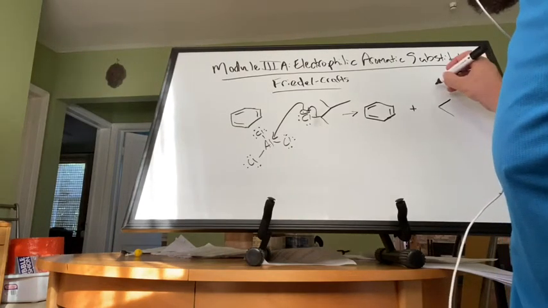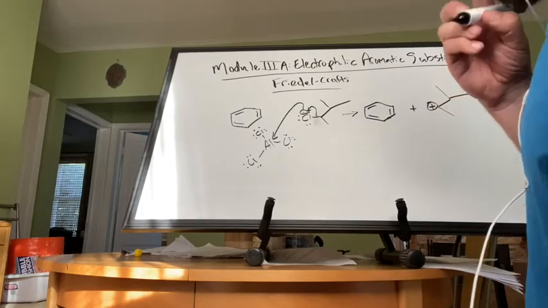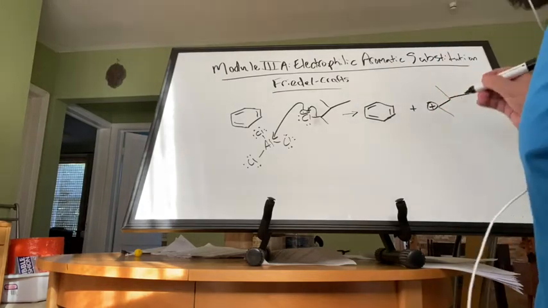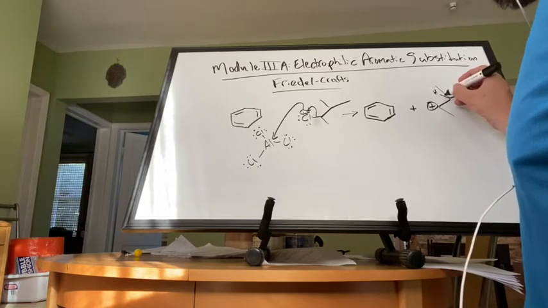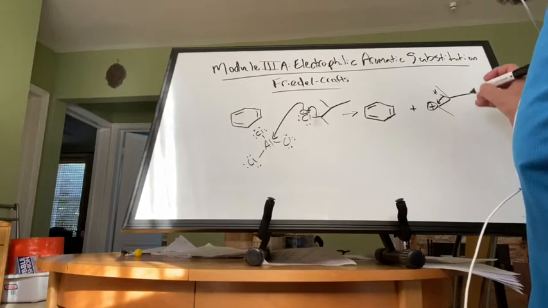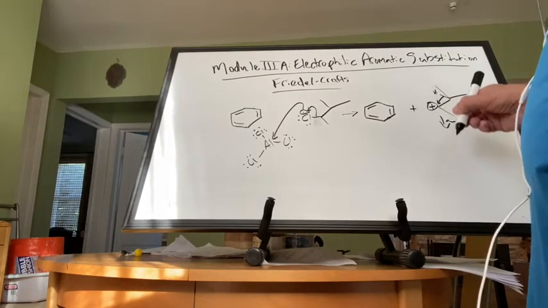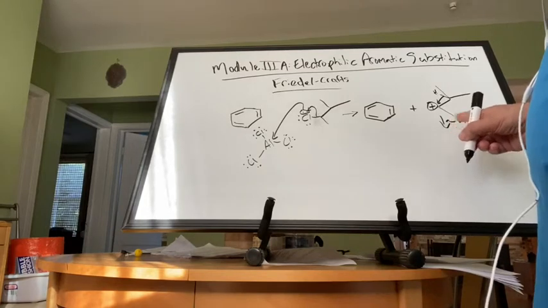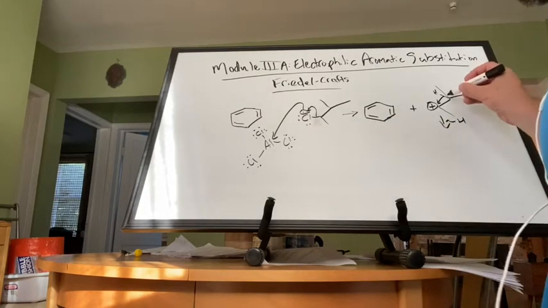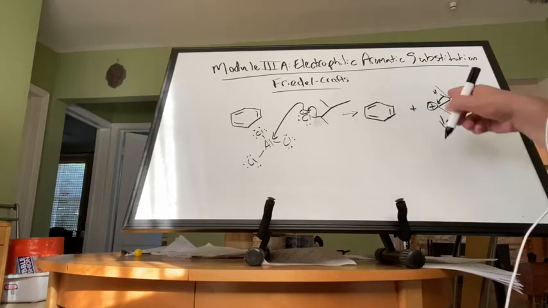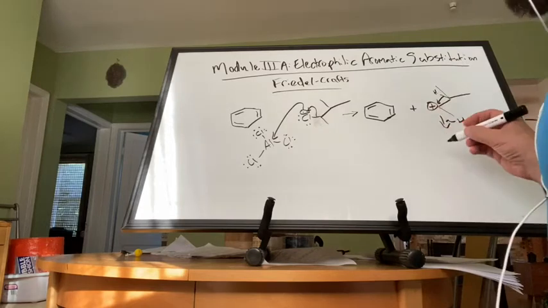Okay. So is this the most stable carbocation species? No. We can do better via hydride shift. So when I do hydride shifts, I have this little tilde with an H beside it to indicate that this hydrogen is shifted over to form a more stable tertiary as opposed to secondary carbocation.